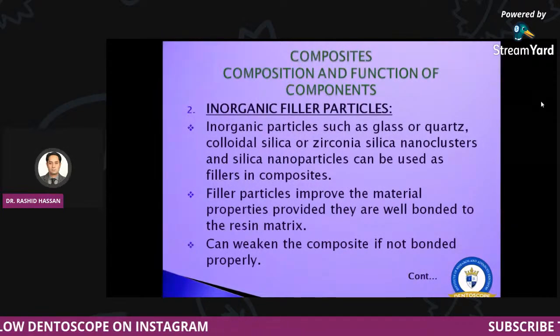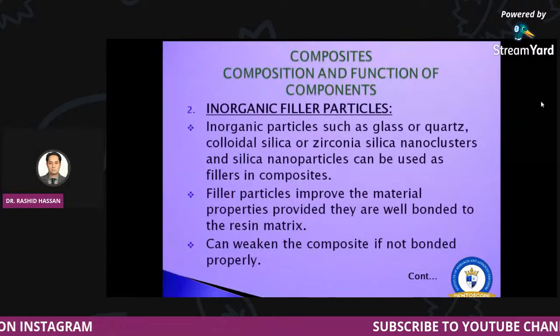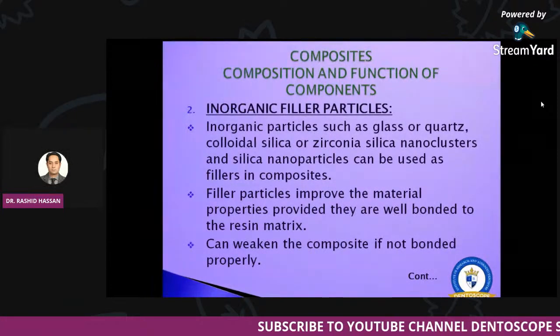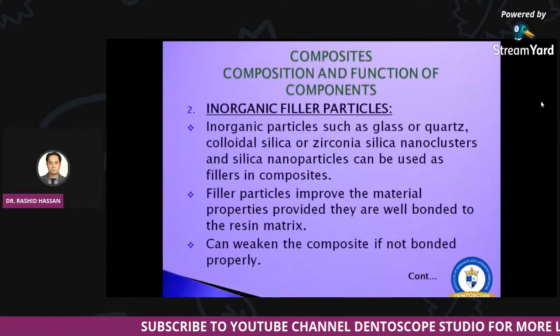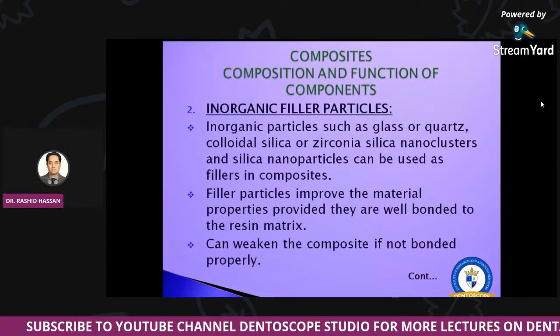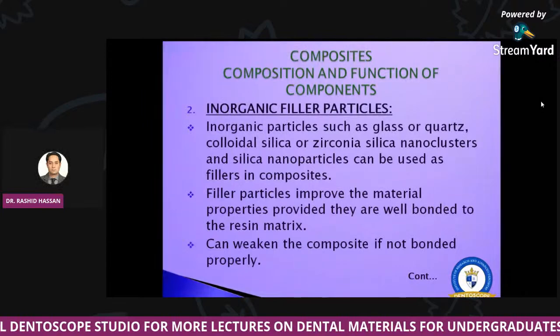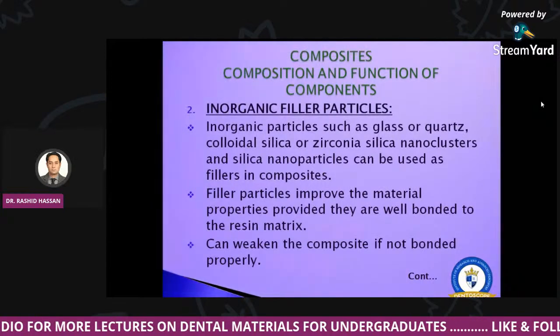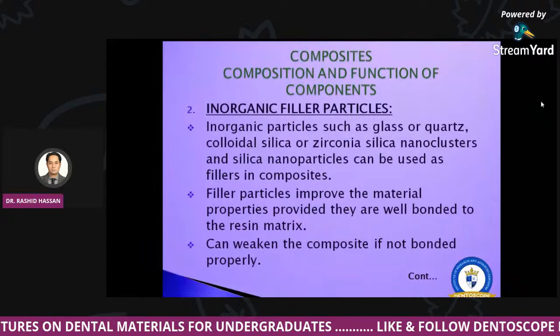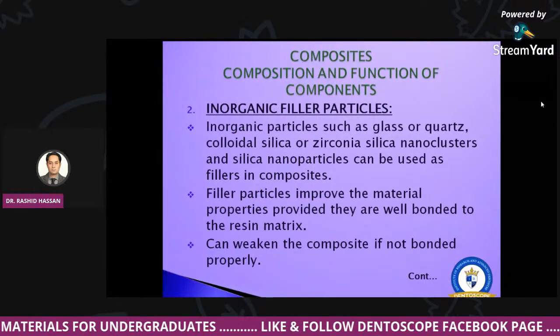Filler particles are used to improve the material properties. All the properties of dental composites basically depend upon the filler particles and the amount of filler particles in the dental composite. Which filler particle is used and how much of it is used.